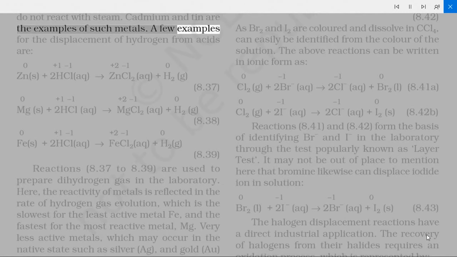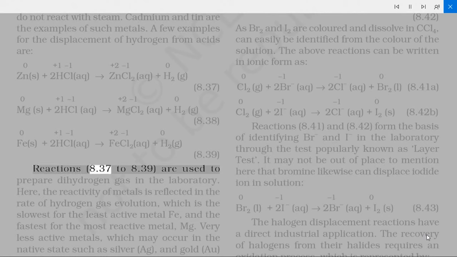A few examples for the displacement of hydrogen from acids are: Zn(s) + 2HCl(aq) → ZnCl2(aq) + H2(g) (8.37); Mg(s) + 2HCl(aq) → MgCl2(aq) + H2(g) (8.38); Fe(s) + 2HCl(aq) → FeCl2(aq) + H2(g) (8.39).